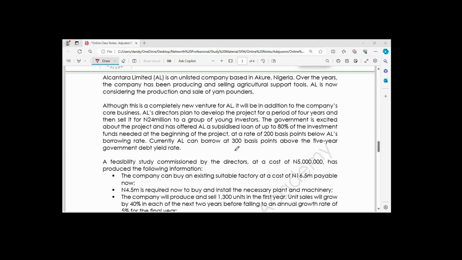AL's directors plan to develop the project for a period of 4 years and then sell it for 24 million to a group of young investors.